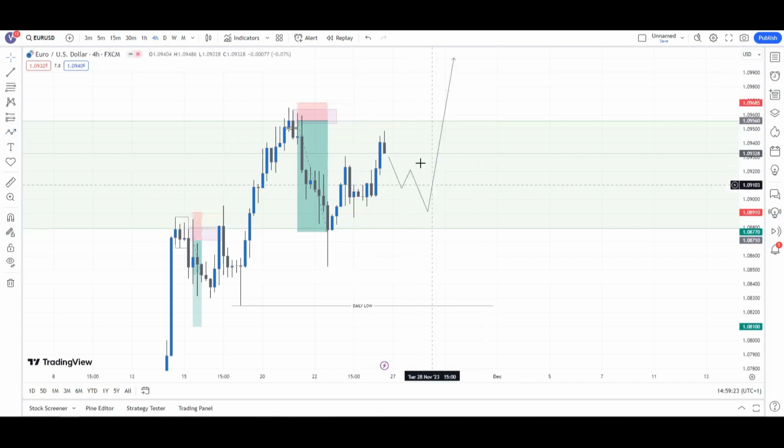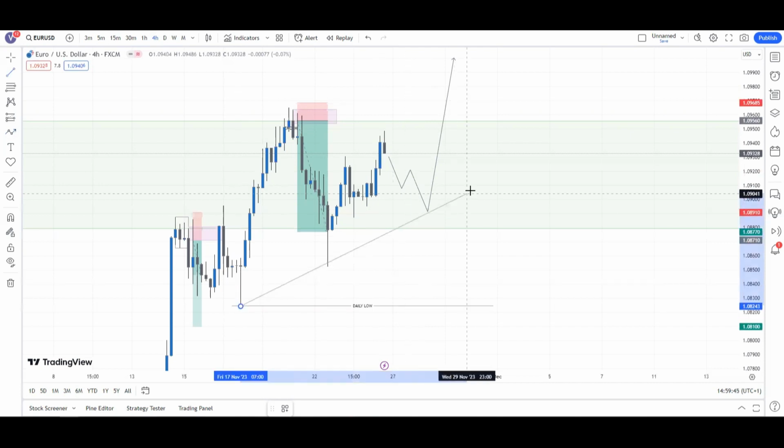Now, what am I expecting? All those people buying and putting their stop losses below, the market will just sweep them out. Also, when the market opens, you would notice there would be a gap. That gap is what I'm expecting to see get filled.